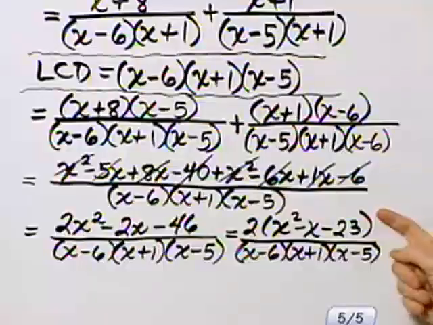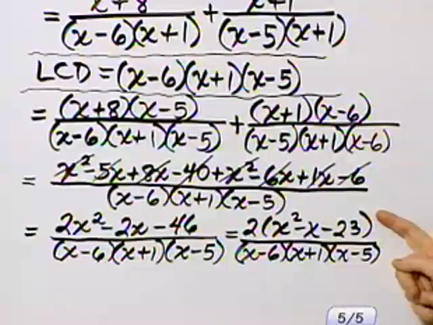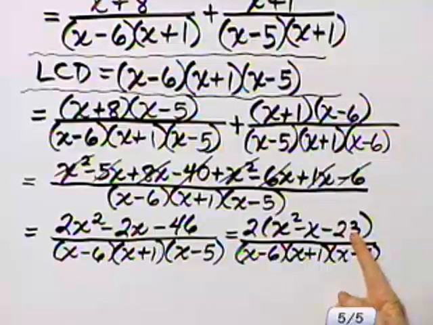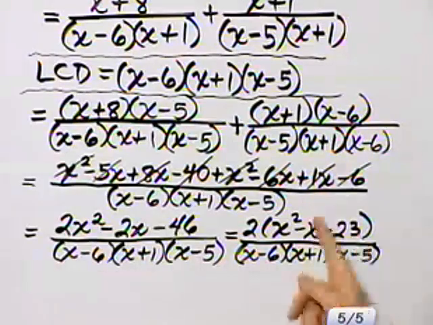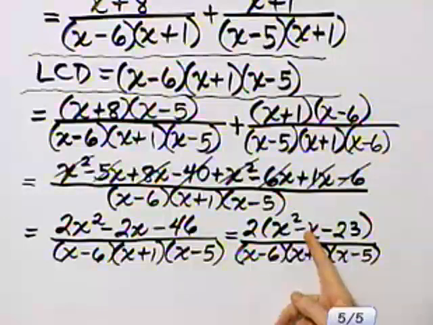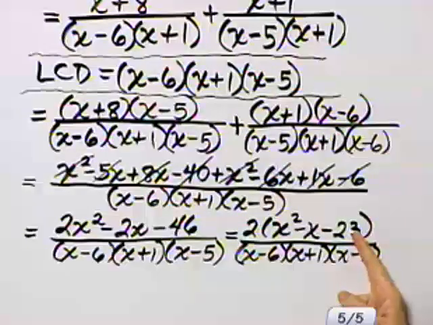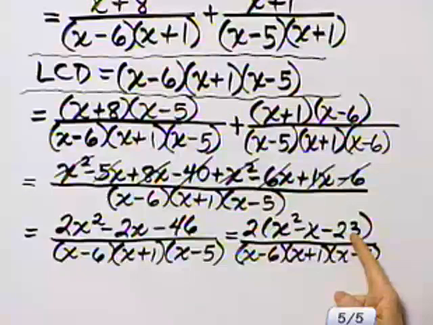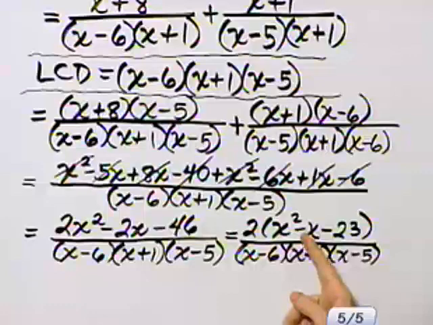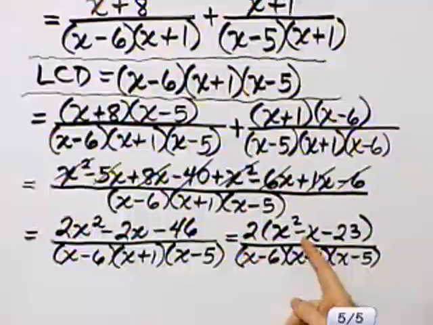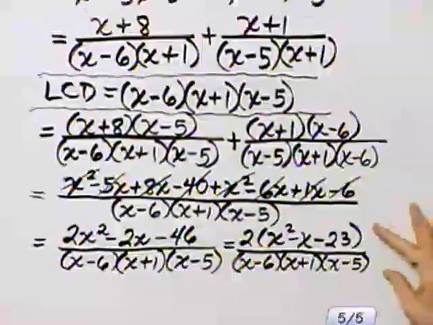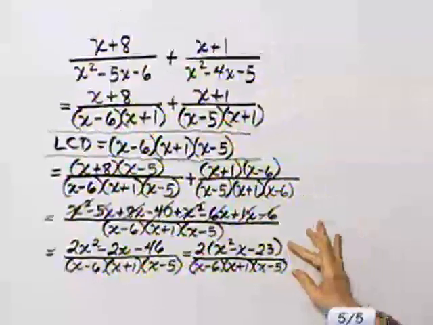Now, can I factor this further? If so, I'm looking for two numbers whose product is negative 23 and whose sum is negative 1. Don't forget this is a prime number, so there are no two numbers whose product is negative 23 and whose sum is negative 1. So this is as simplified as it can get.